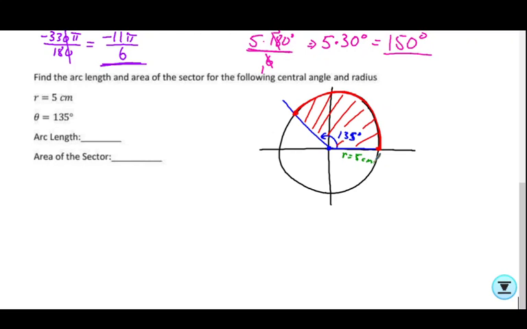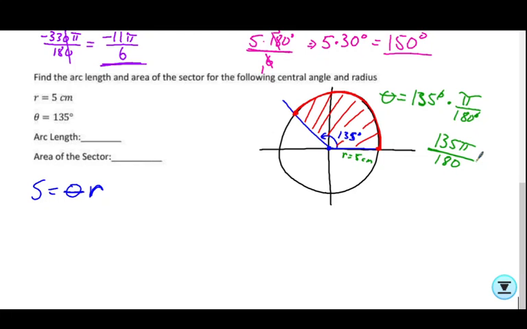So before we can get started, now we know arc length is s equals theta r. Well, remember, theta has to be in radians. So I'm going to come over here and find theta, which is 135 degrees. To change it into radians, we multiply by pi over 180 degrees. So degrees divides out with degrees, so we get 135 pi over 180.